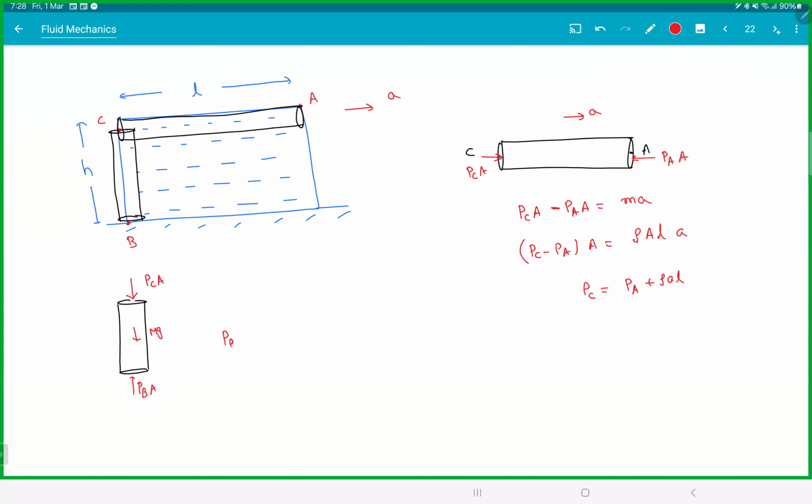So here you will get PB is equal to PC plus rho GH. If you combine these two, you end up with PB minus PA is equal to rho AL plus rho GH.